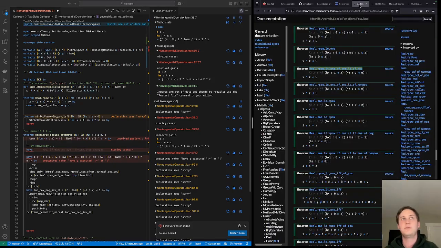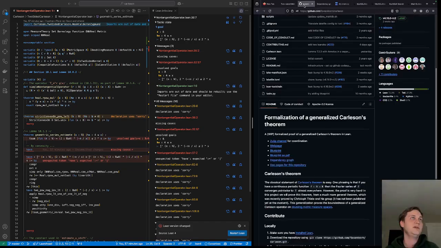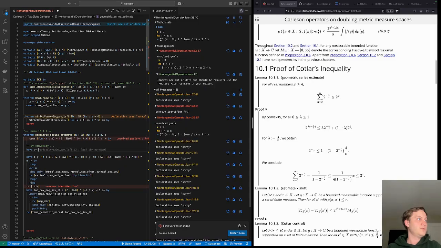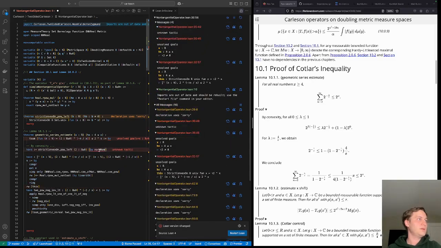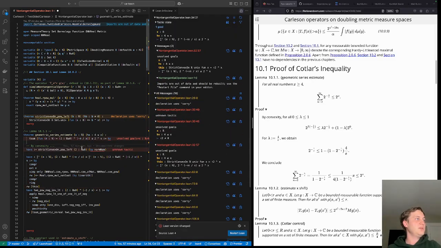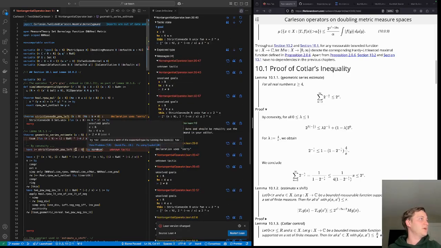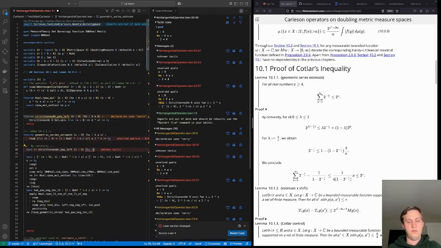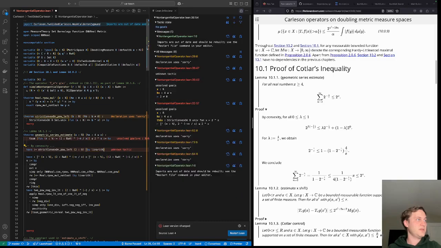And assuming this is a theorem, let us return to the proof guide here. By convexity, have strict convex, yes, by norm num. In this case, we just want this to be that, and by arith, let's say.